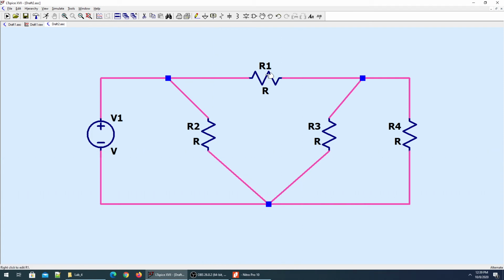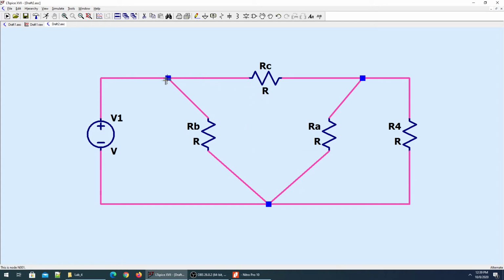Okay, now as I said, I have to be consistent, so my nodes will be A, B, C. Based on that, this is my resistance RA. This is my resistance RB, and this is my resistance RC.